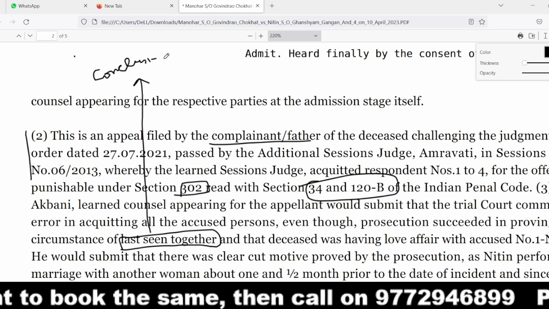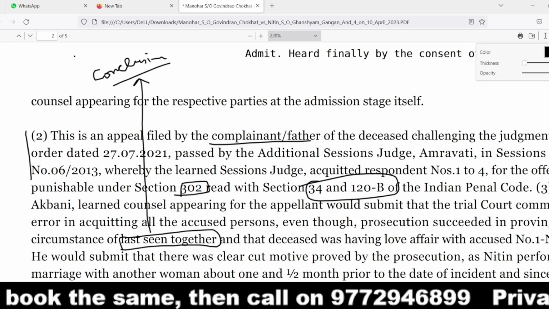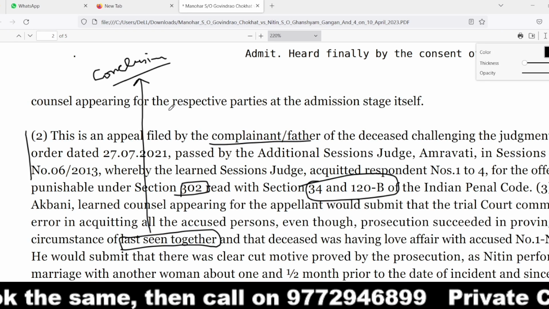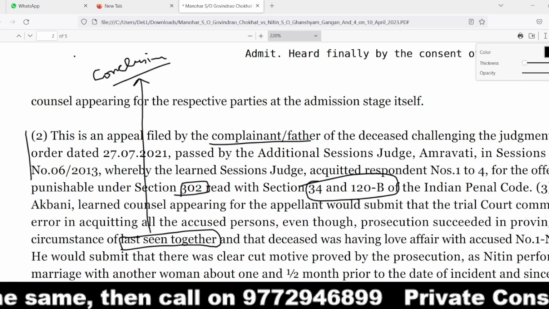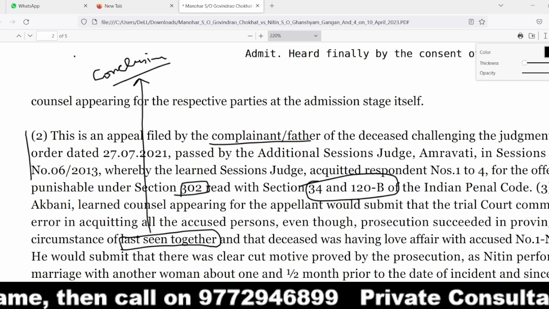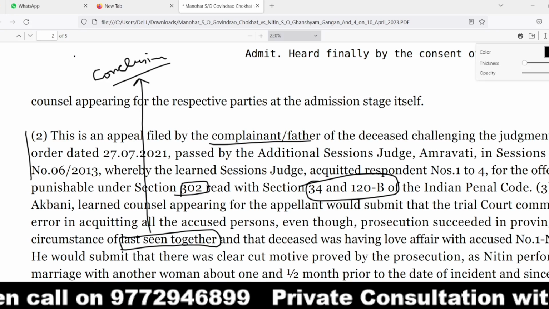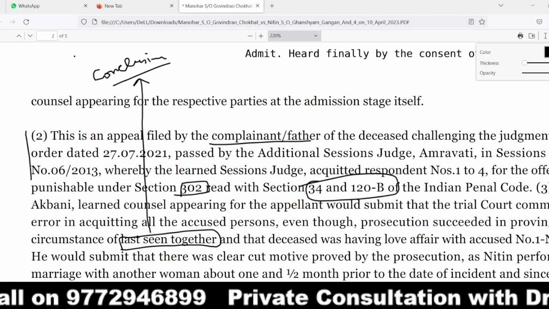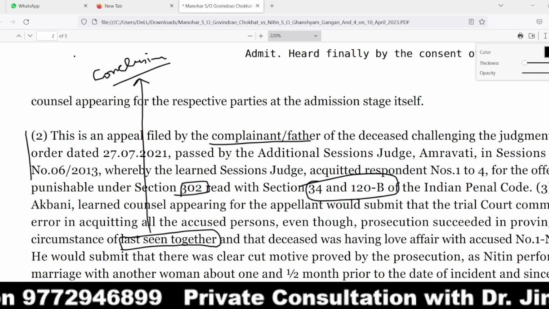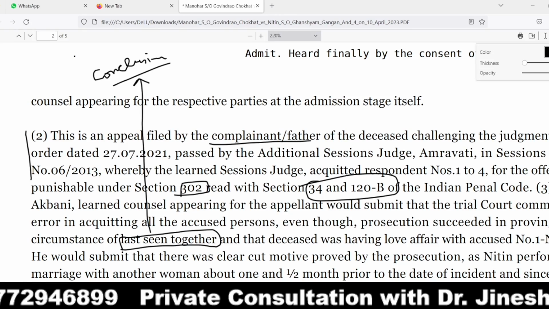Still, it is yet to be proved by the prosecution, and apart from that, the prosecution has to prove that the concerned accused are the only persons who were last seen in the company of the deceased. If it is not proved or cannot be ruled out, in that scenario, the said circumstance would not avail any benefit to the prosecution.